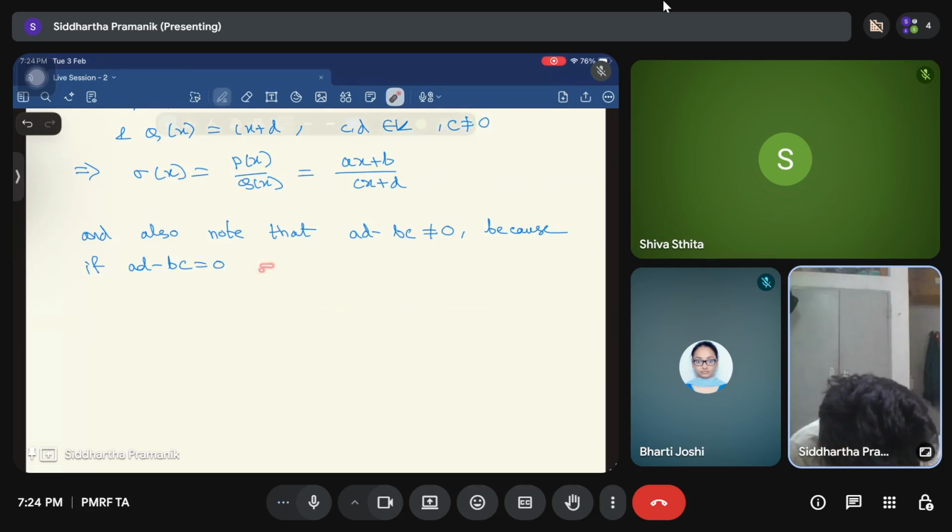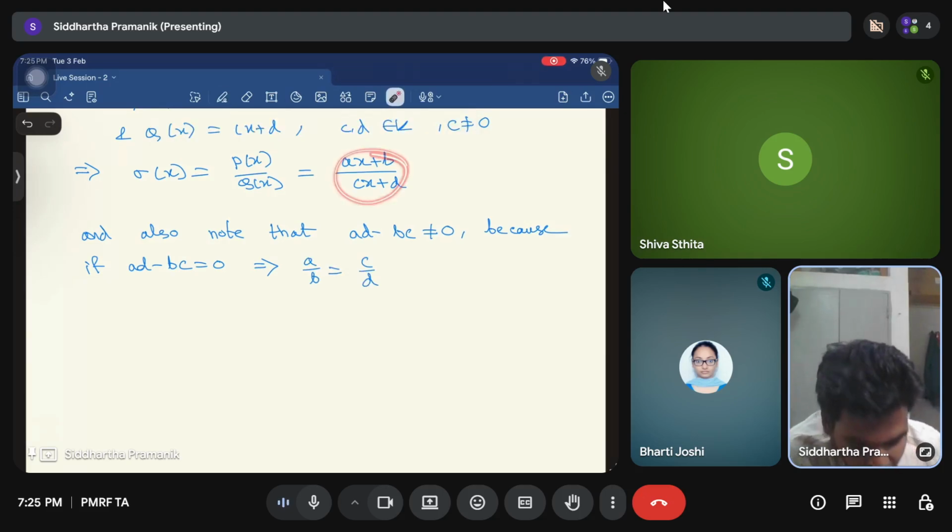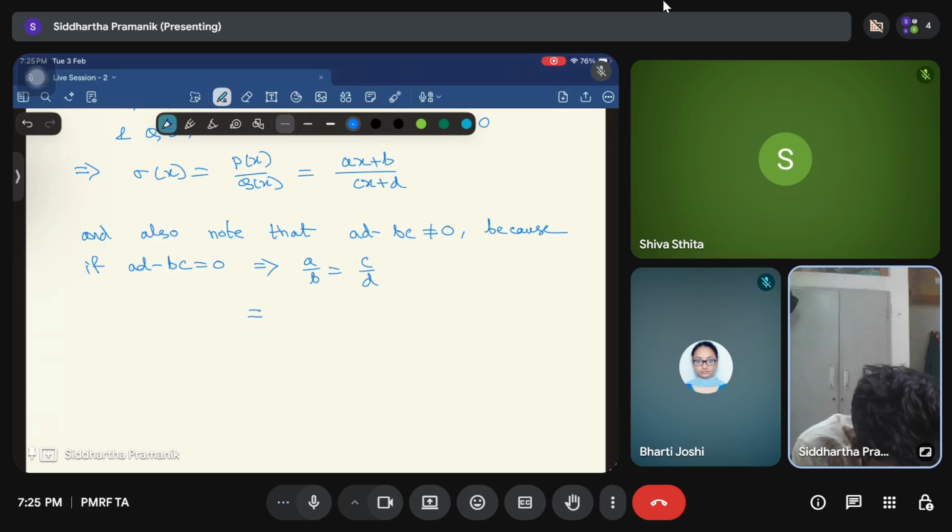This will imply a by b equals c by d, so these things cancel out and you will get a constant. So basically (ax plus b) by (cx plus d) will be some constant, let's say d prime belonging to k.